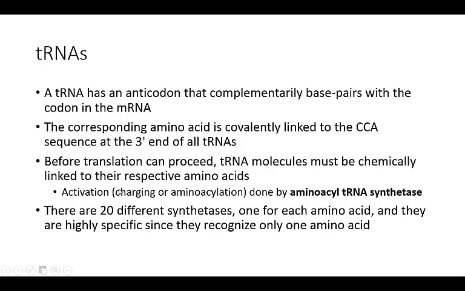The way they do this is that they have to be activated first. You have to charge them. There are specific enzymes involved with this process. We'll call them aminoacyl tRNA synthetase. As you might imagine, there are 20 different ones because we have 20 different essential amino acids. They're very specific. They only recognize their amino acid.